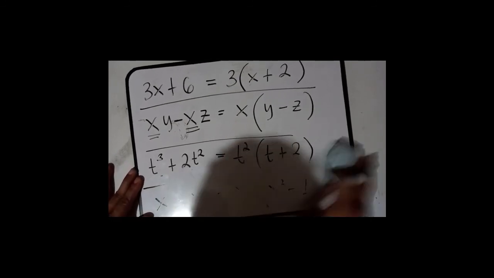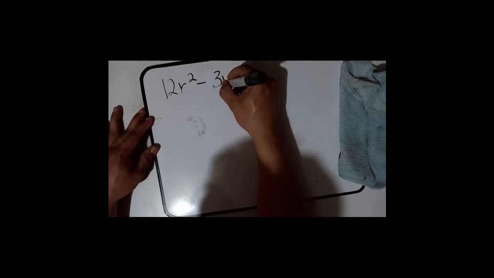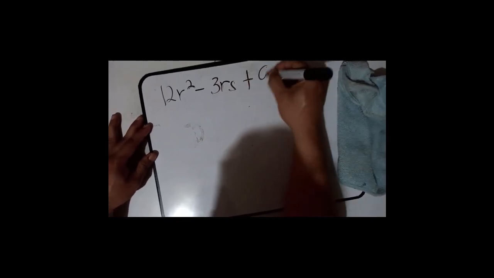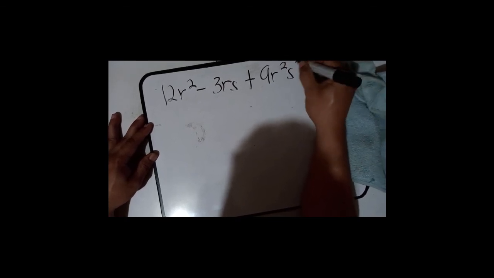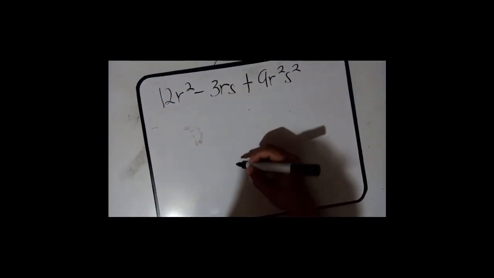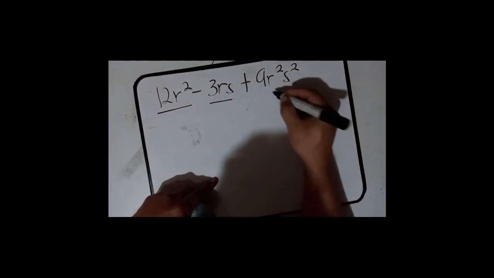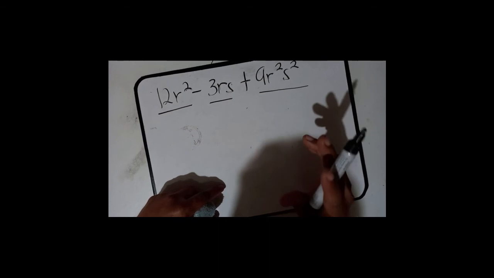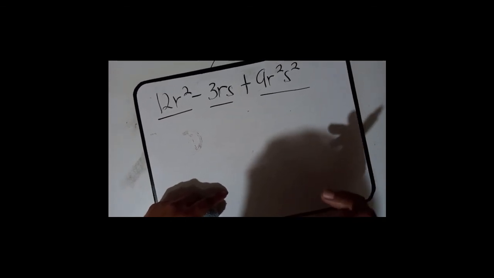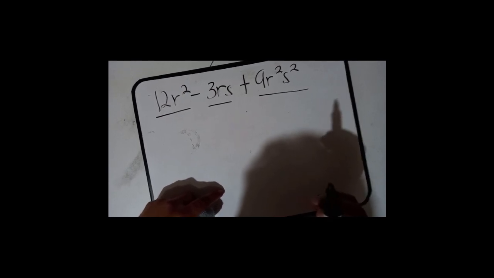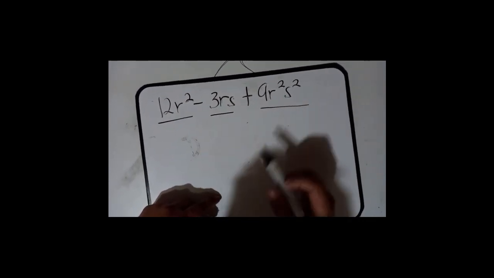Let's have another example. This will be our last example. So let's say we have 12r squared plus 3r plus 9r squared s squared. Okay, so we have 3 terms here: the first term, second term, and the third term. So let's identify the number which is similar to each term.